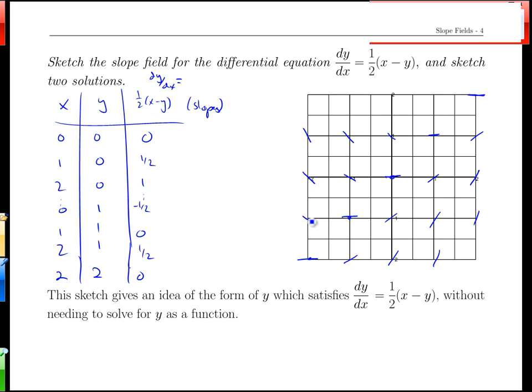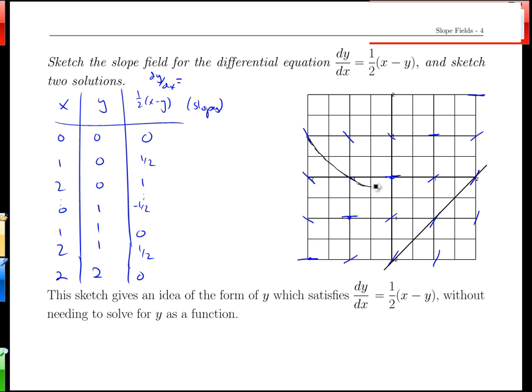And there are some interesting patterns that we can see almost immediately here. If I imagine myself down here and try to trace my way upwards, I could see a solution that would pass as a straight line through those points. Other solutions would look more complicated, like something like this.